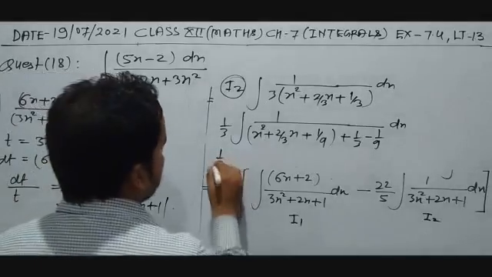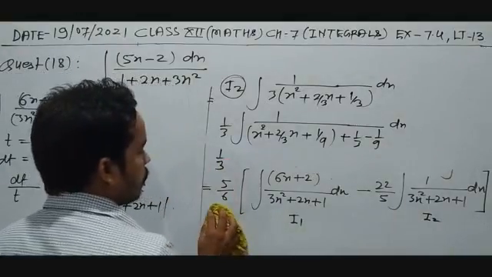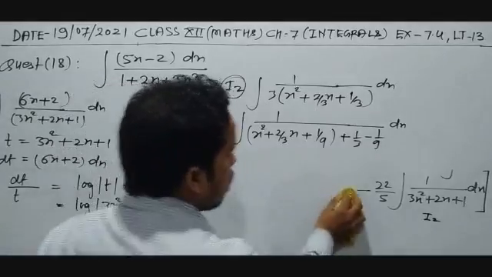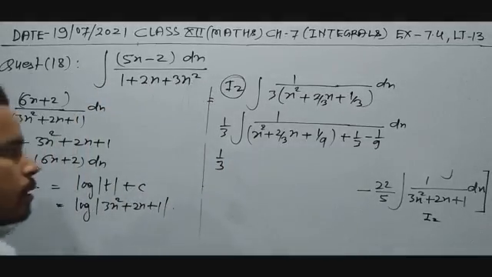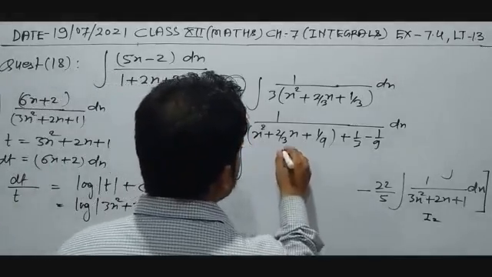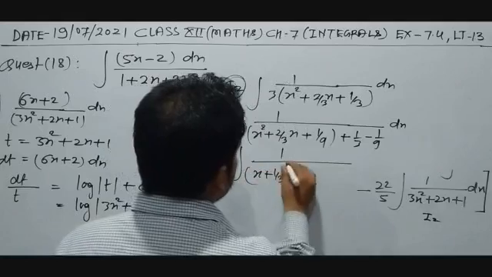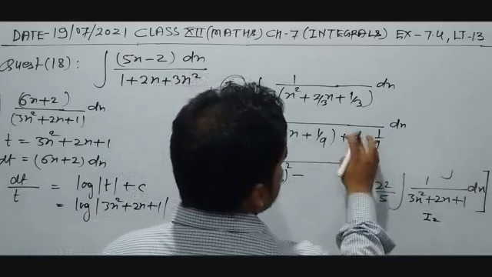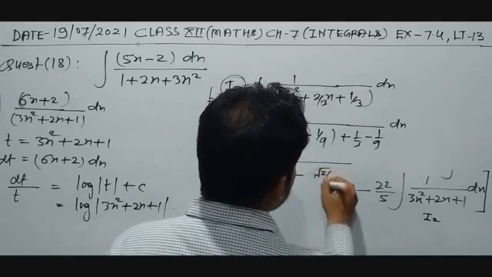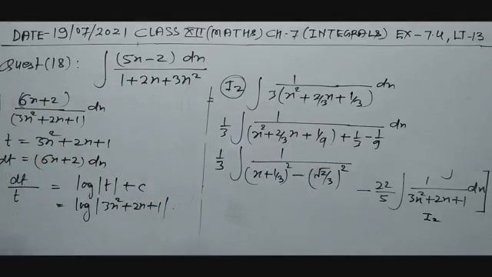So 1/3, we are going to erase the main steps. 1/3 integral of 1 upon (x + 1/3) whole square, and this is the calculation of 1/3 minus 1/9, which means 2/9. This can be written as (root 2/3) whole square, which means 2/9, with the sign plus.